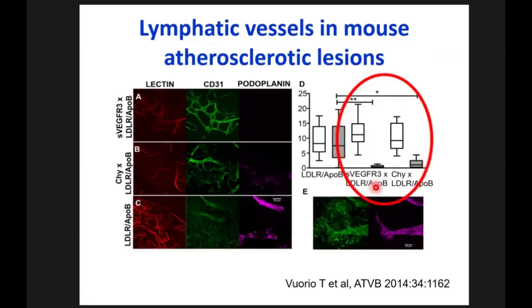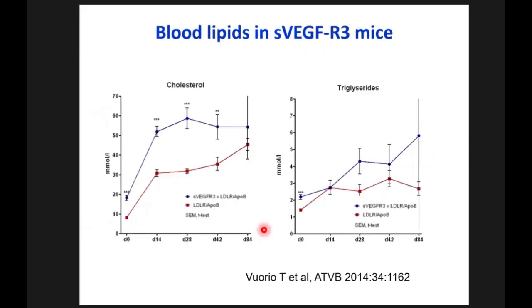So you can see that both models really lack lymphatics in the atherosclerotic lesions, and here is also lectin, CD31, and podoplanin staining that verifies that really these atherosclerotic lesions, which in control LDL ApoB mice have nice lymphatics, these are missing from these animals.